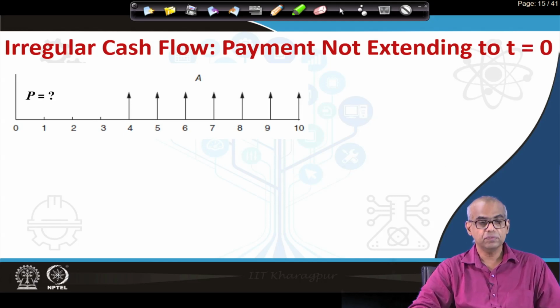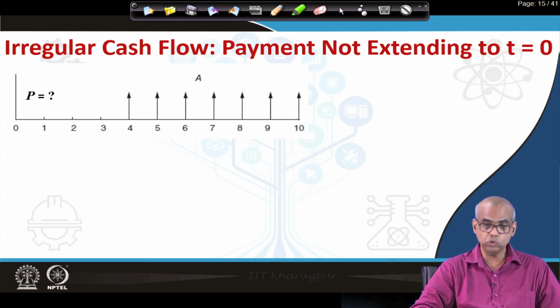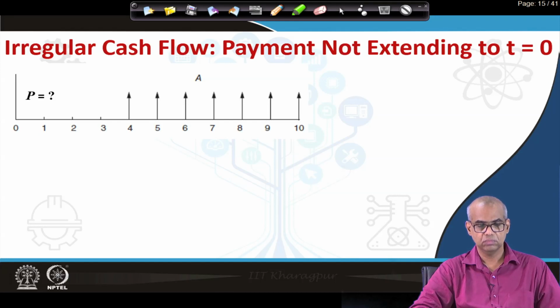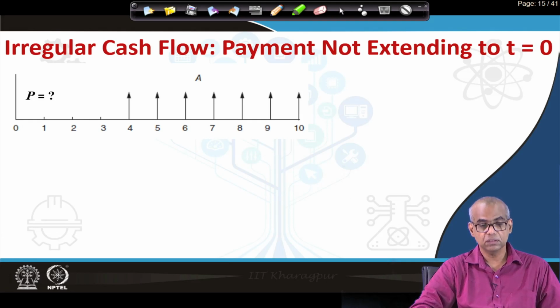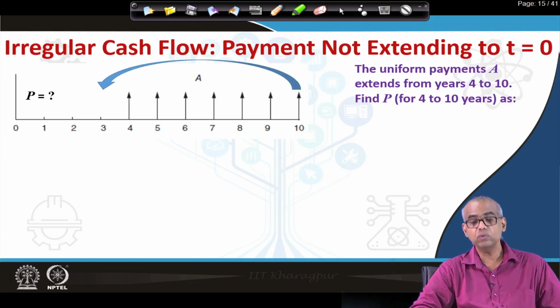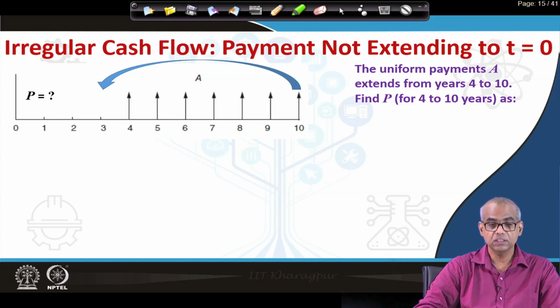The third type of irregular cash flow diagram is where payment does not extend to time t equal to 0. Note, in this cash flow diagram, the payment is over year 4 to year 10. So, how will you handle such a cash flow diagram? The uniform payment A extends from years 4 to 10.